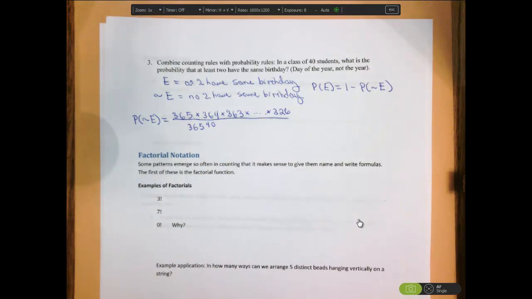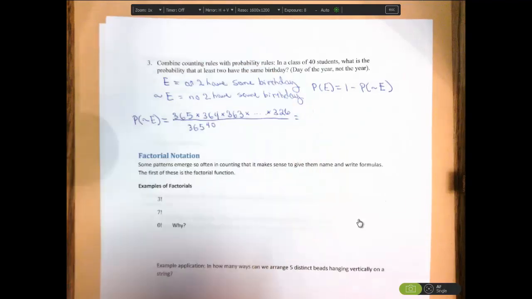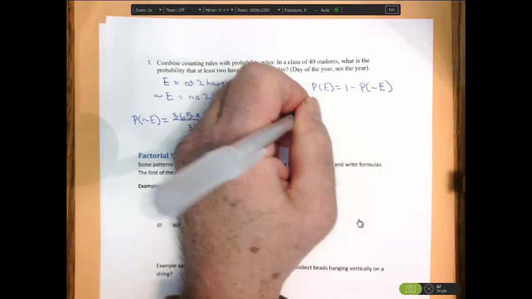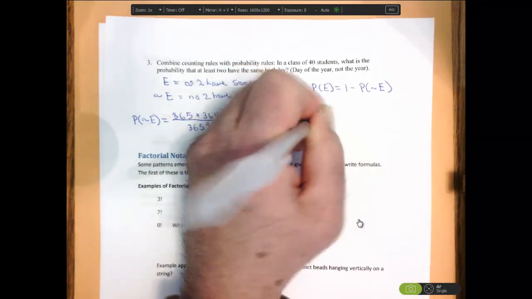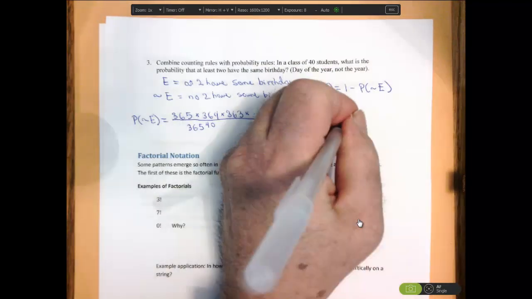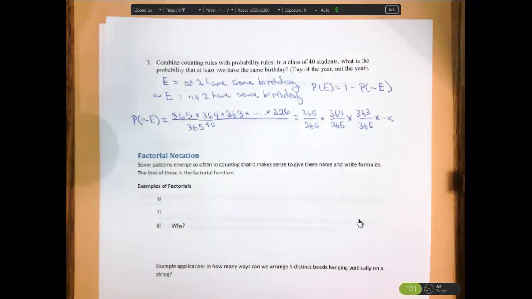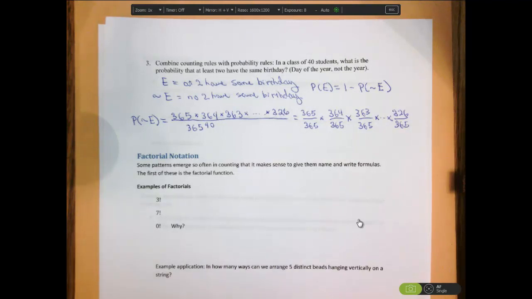Now, this value is difficult to compute directly with your calculator because you'll get an overflow if you type it in the way that it's printed here. It is possible to type it in a way, though, that the calculator can handle, and that would be to break this down into 40 separate fractions that look like this, and this will give us the probability of E.